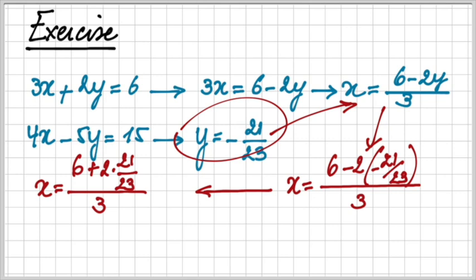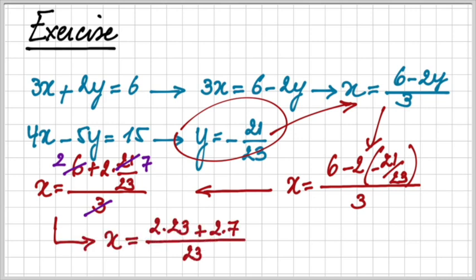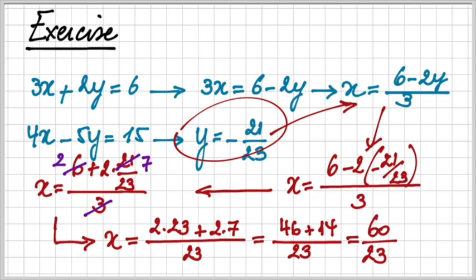I can divide by 3, so 6 becomes 2, and 21 becomes 7, which makes it a little bit easier for the following calculations. So we find that x is (2 times 23 plus 2 times 7) divided by 23, and we have to bring 2 to the same denominator, so we multiply it by 23, and we find here 46 plus 14 divided by 23, which is equal to 60 divided by 23.